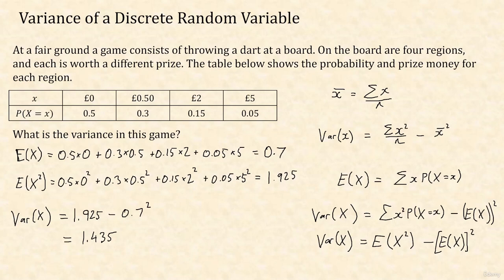So it's a measure of how spread out and how variable the outcomes are, which makes sense because you expect to get something close to 50p, but occasionally you get something a long way away, but most of the time you're quite close. So that's the variance, that's the formula, and a little bit about the intuition of it.